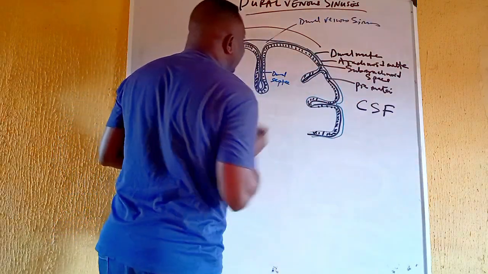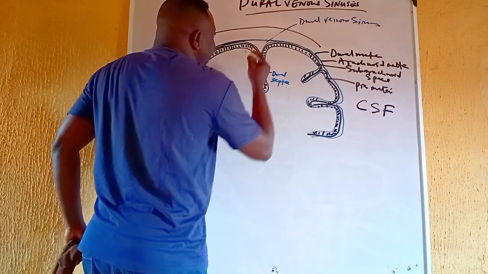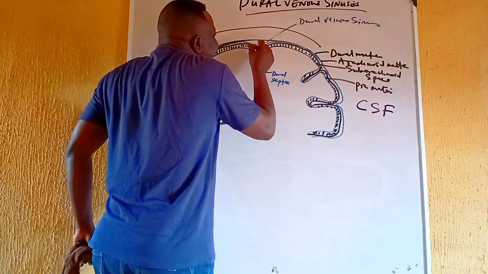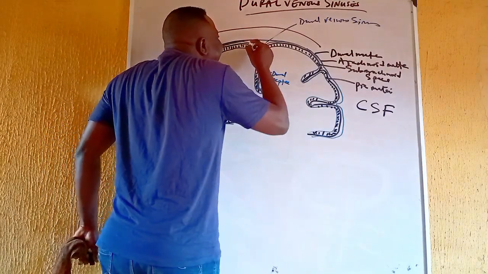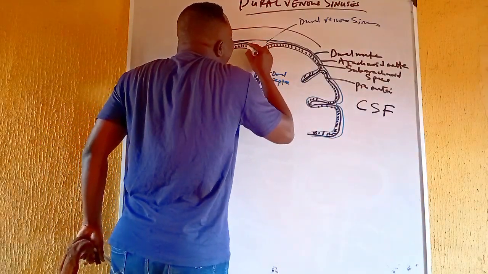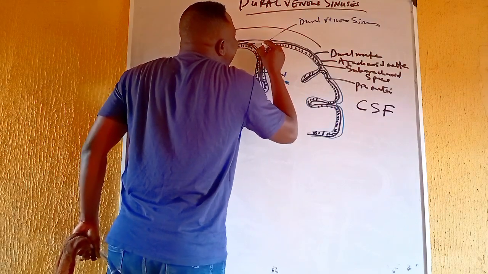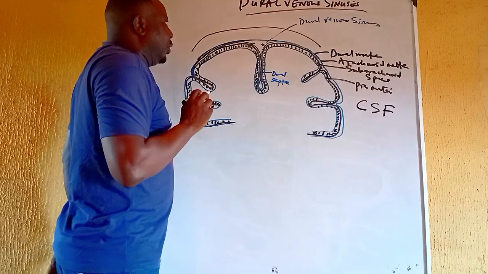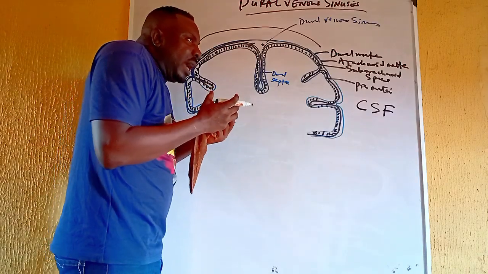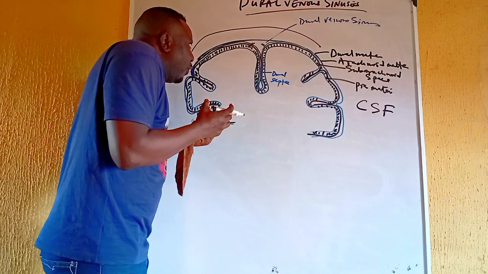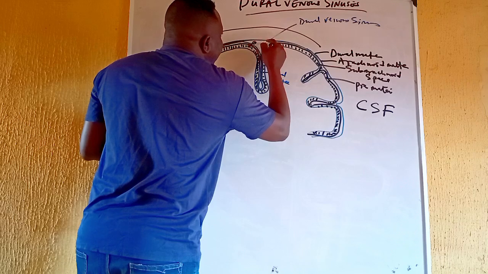Now, CSF is drained into the dural venous sinuses by what is referred to as the arachnoid villi. We have lots of arachnoid villi that herniate into the dural venous sinuses. These arachnoid villi aggregate to form what is referred to as the arachnoid granulations.